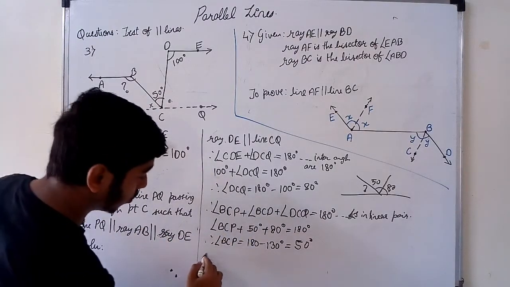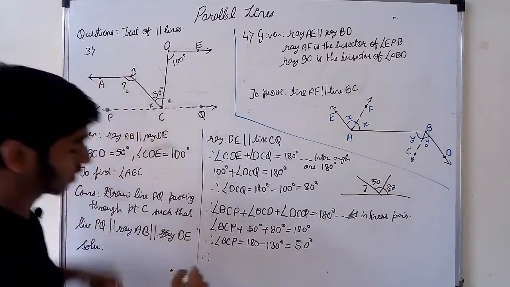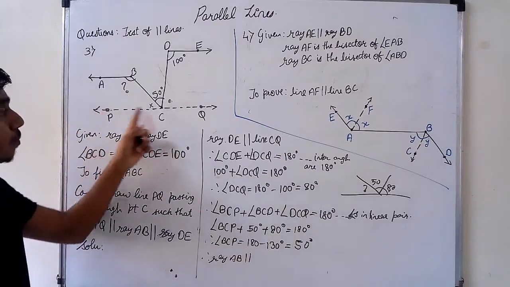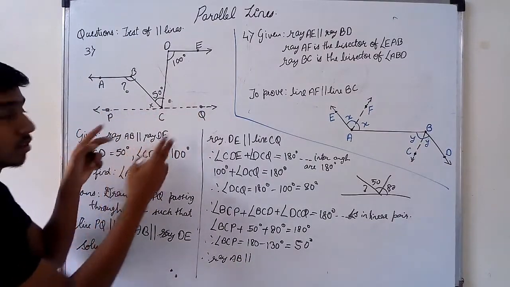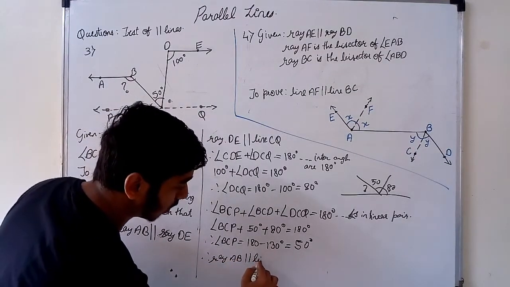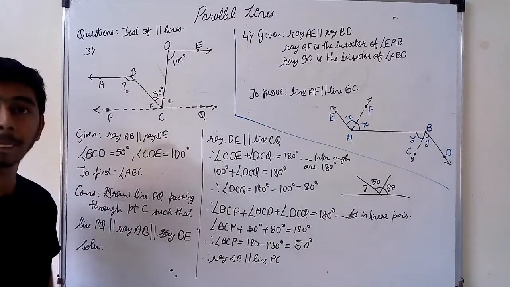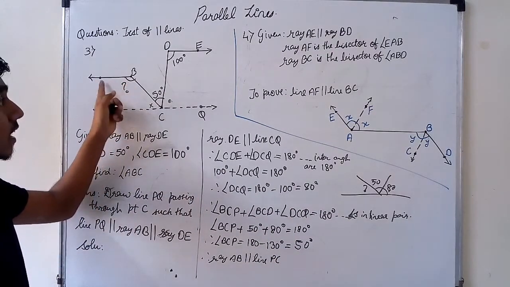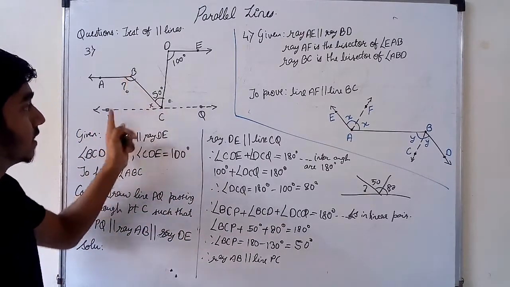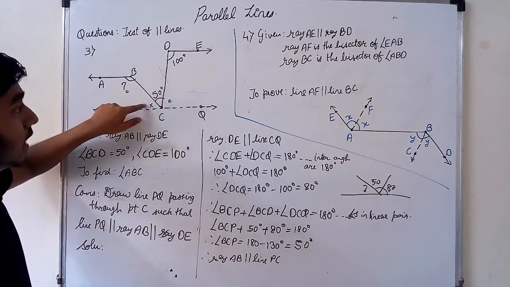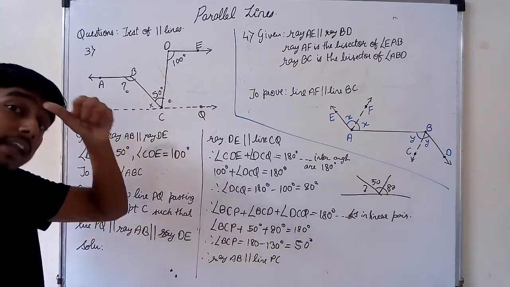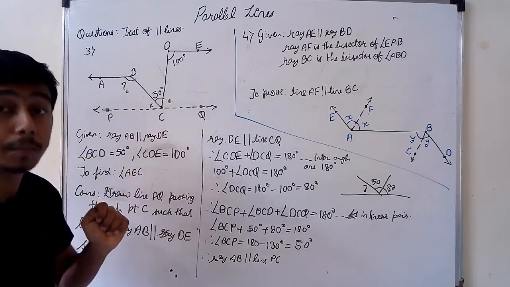Now you know that ray AB is parallel to PQ. So instead of PQ you can say PC also is parallel to line AB, correct? Therefore we can say that this angle ABC and this angle BCP form interior angles, and therefore their sum is supplementary.